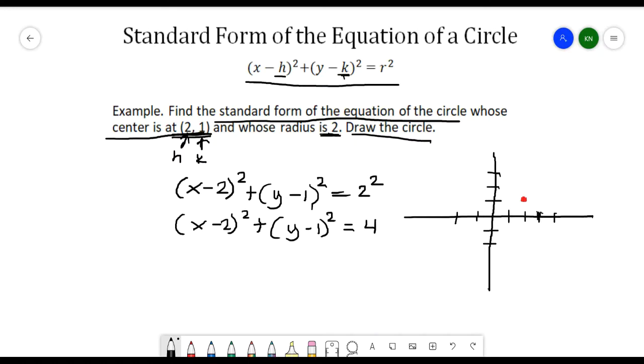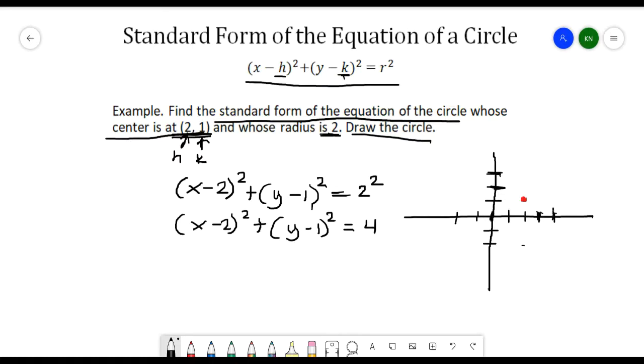So we have 1 and 2, and also 1 and 2 in the other directions. Then if you try to draw the circle, it might look like this.